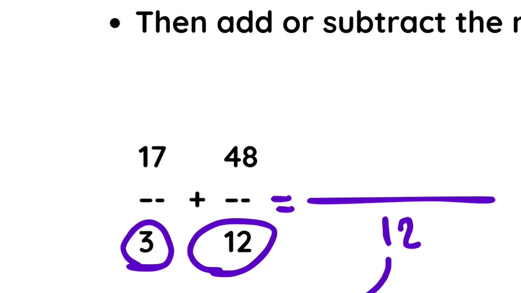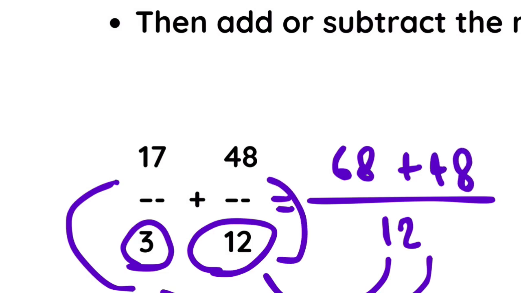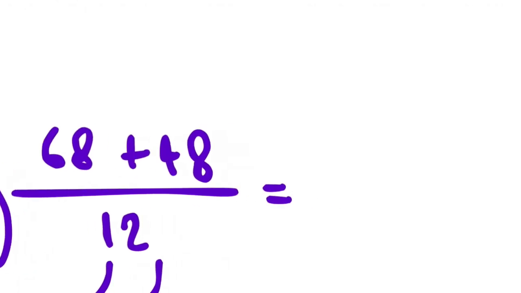So 12 divided by 3 is 4, times 17, 68, plus 12 divided by 12, 1, times 48. Now let's add these up together.